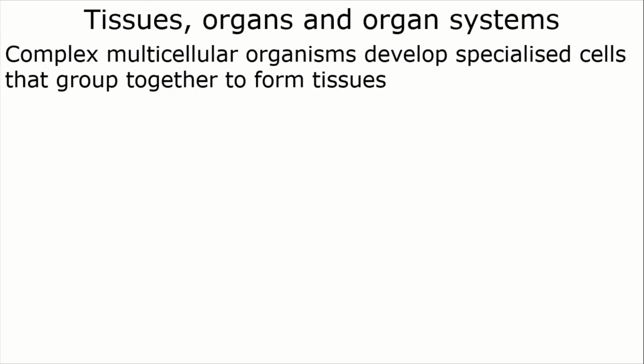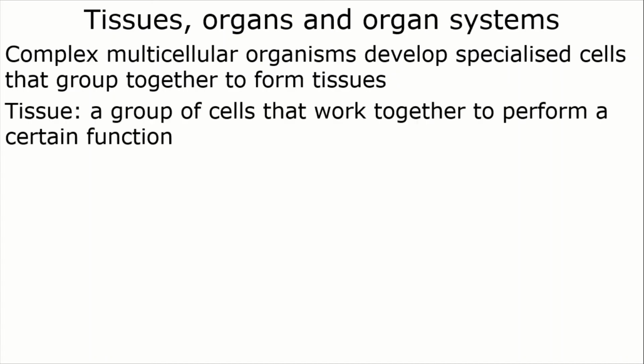Epidermal cells are a specialised cell type, and they function together with the dermal and hypodermal cells to form the skin tissue. So a tissue is a group of cells that work together to perform a certain function.